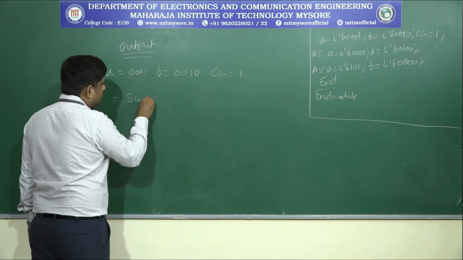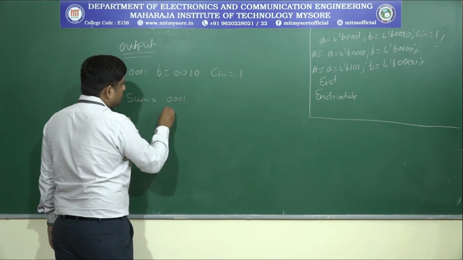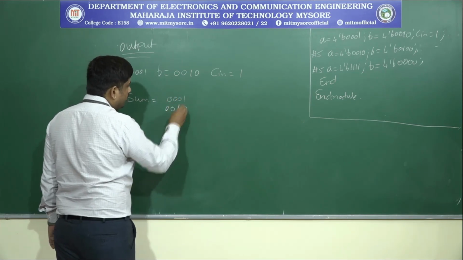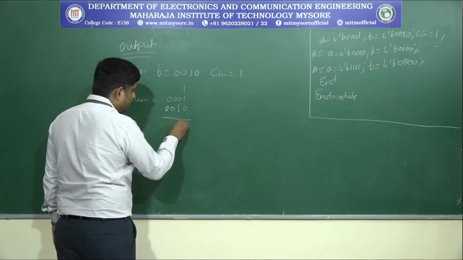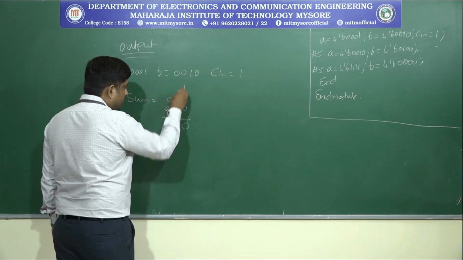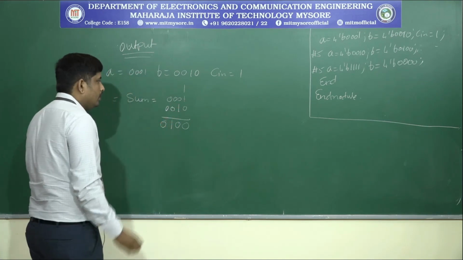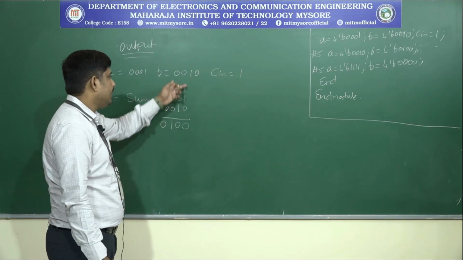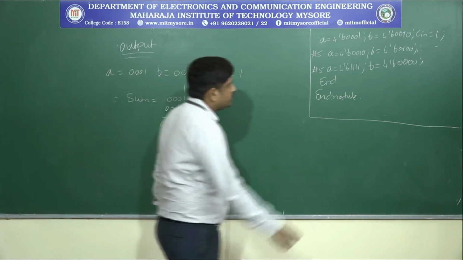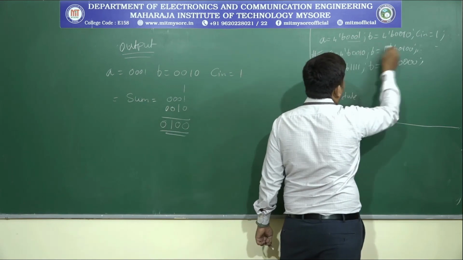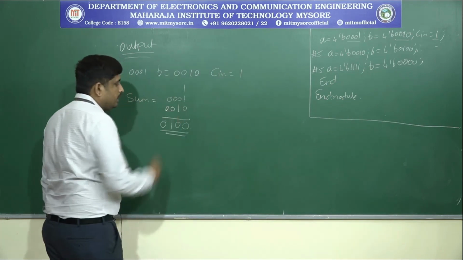Sum is equal to... 0001 plus 0010, then carry is what? 1 plus 1 is 0, again carry is generated, then 1, 1, 0. So 0, 1, 0, 0, that is the first result. When you add 0001, then 0010, then 1, we get 0100.